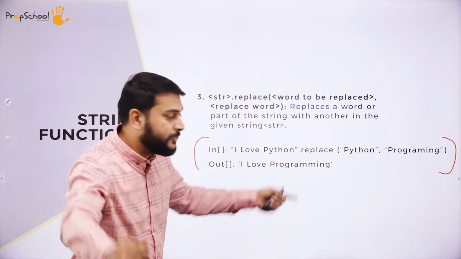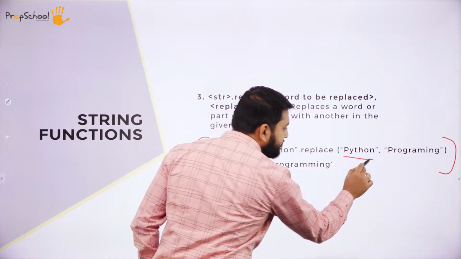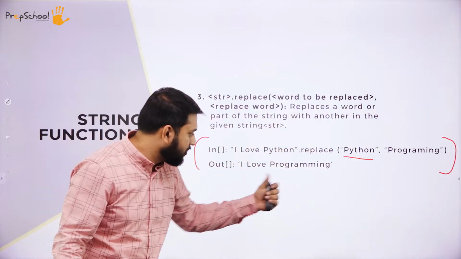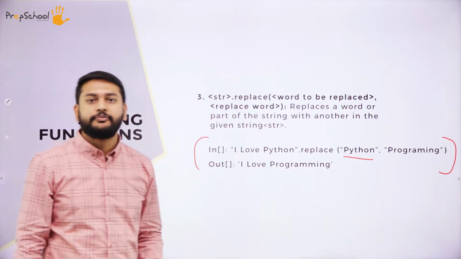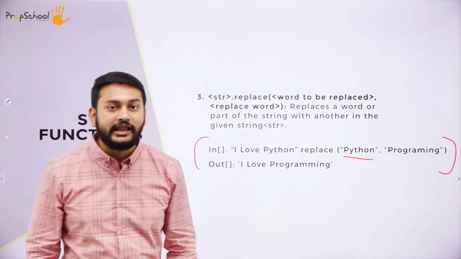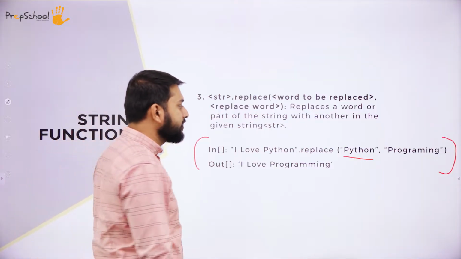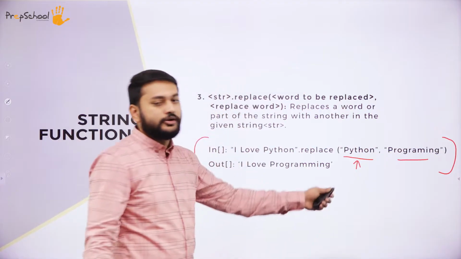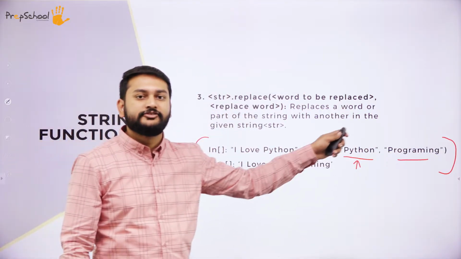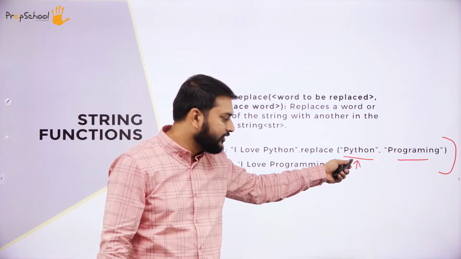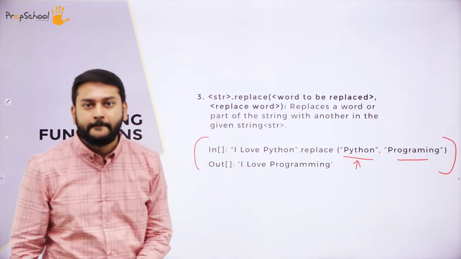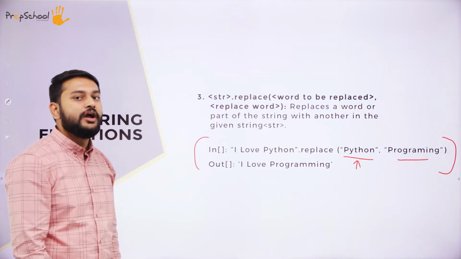I'm replacing Python with programming. So guys, if I run this statement, my output will be I love programming. So this is how replace works. Here you have Python already, and your programming is replacing the Python. That is what you need to understand.